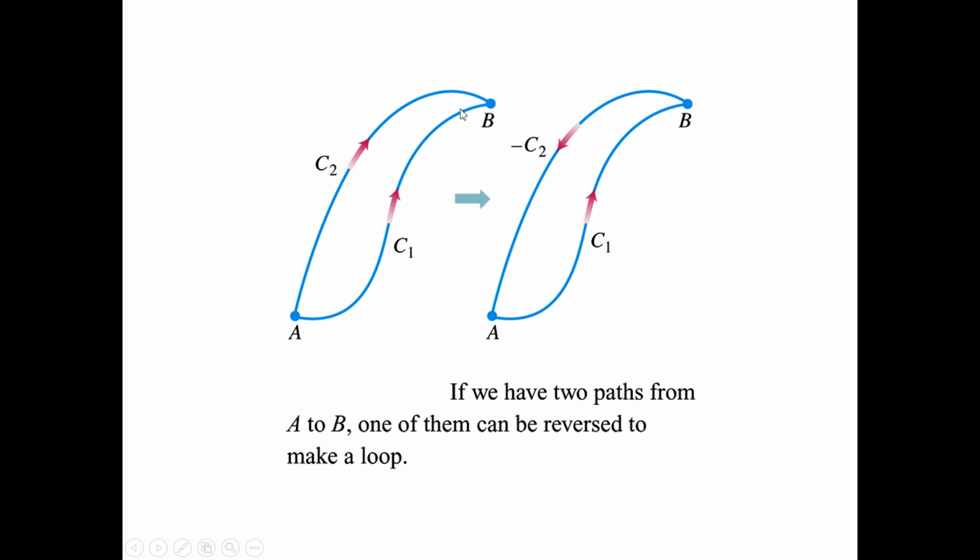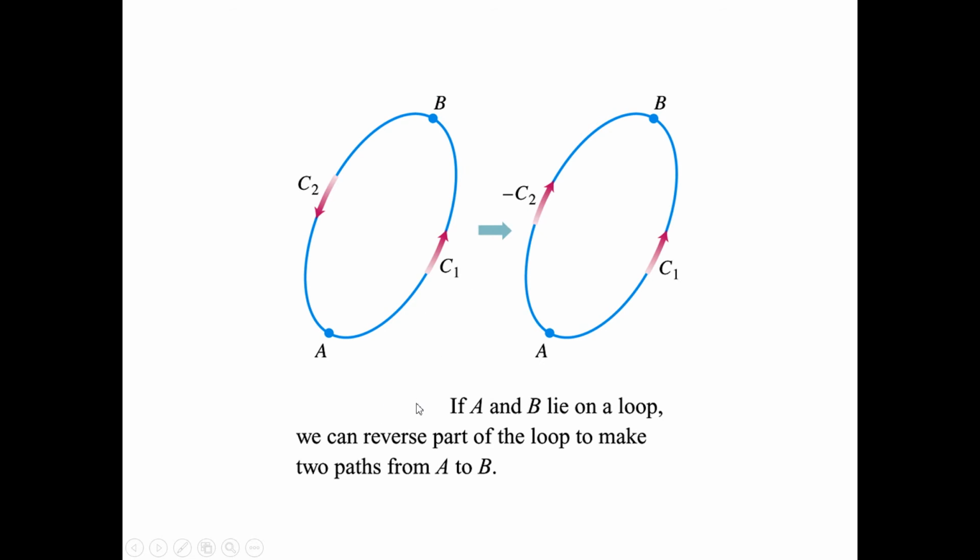If we reverse the direction of C2, then we have a closed path. We start from A and end up at A, so the initial and terminal points become the same. So if we have two paths from A to B, one of them can be reversed to make a loop. We just change the direction of one of the paths to go from B to A.